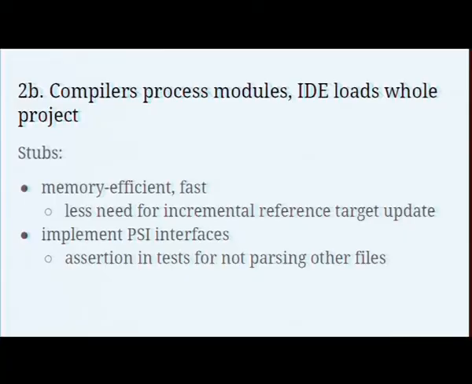Instead, the actual file contents will be loaded and parsed, and the implementation will be transparently switched from stubs to the actual parsed tree. And this is not very bad, but it's expensive. So in tests, we have special assertions to prevent such accidental changes, so that we only load the parsed tree for files that are open in the editor, and not for any other files.